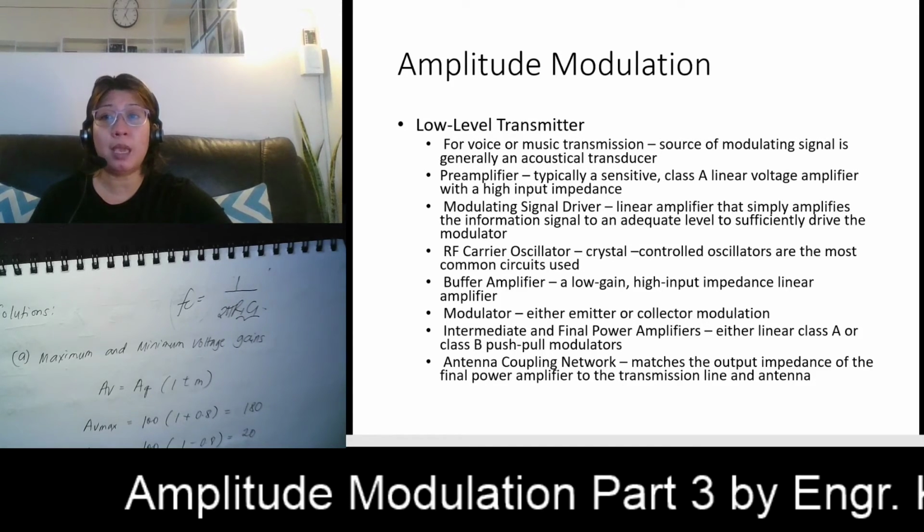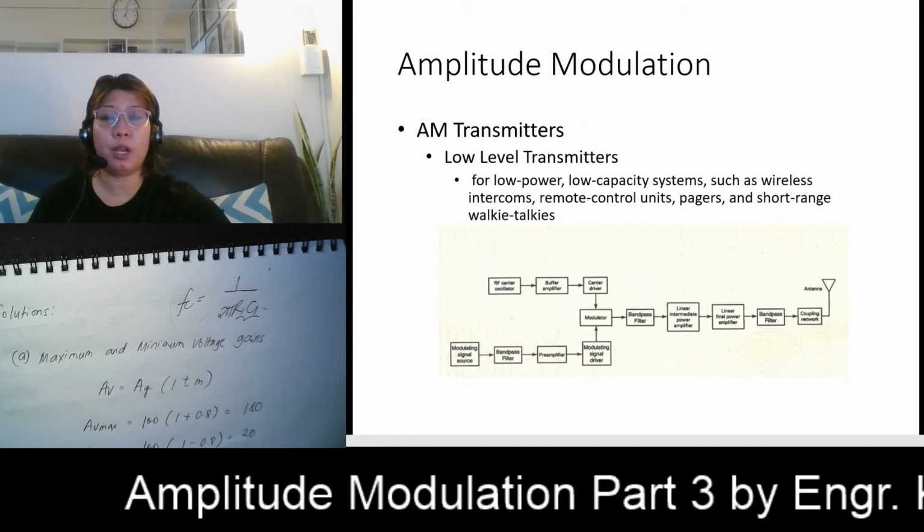This is required with a low-level transmitter to maintain symmetry in an AM envelope. So going back here, as you can see, your modulation happens before the final element. Therefore, it is expected for low-level transmitters that after the modulator, we can still find some amplifiers.